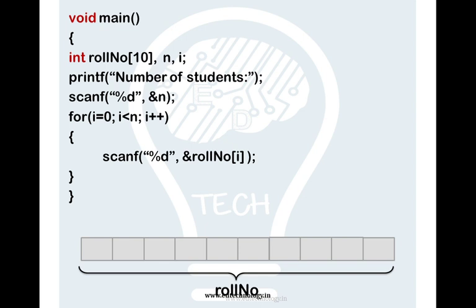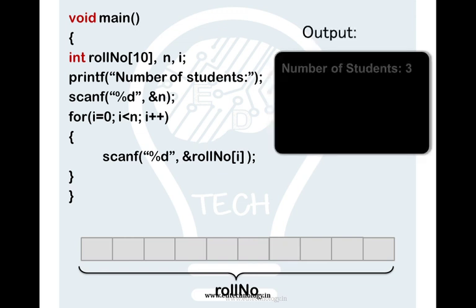This is the memory allocation, as you can see below the program, that will be occupied for roll number. As soon as we declare it, it expects you to store all the values. But considering that I only decided to enter 3 values, my loop will run for 3 iterations, and I enter 10, 15.